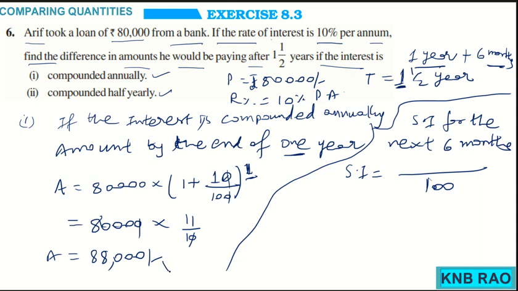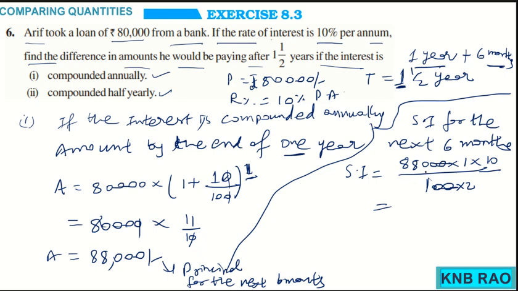Here 88,000 becomes the principal for the next 6 months, into the time of half year, so 1 by 2 will come, and rate of interest is again 10%. So these 2 zeros will get cancelled, and 8,800 divided by 2 is 4,400. This is the simple interest for the next 6 months.